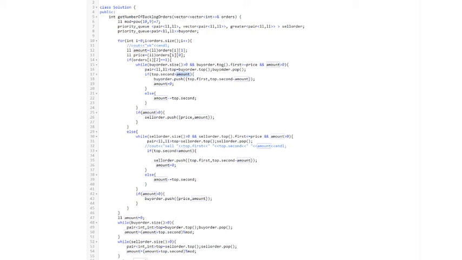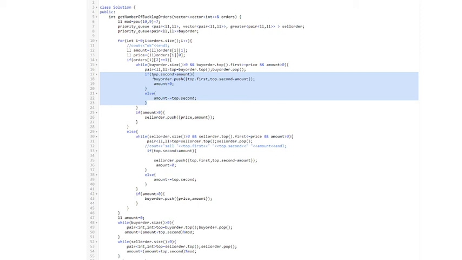If the price of the order having the maximum price is greater than the price I am looking at, then I will complete this transaction. So I will just check the amount.